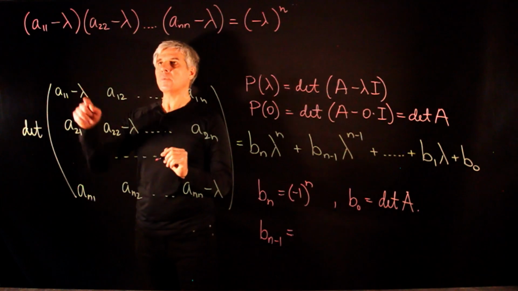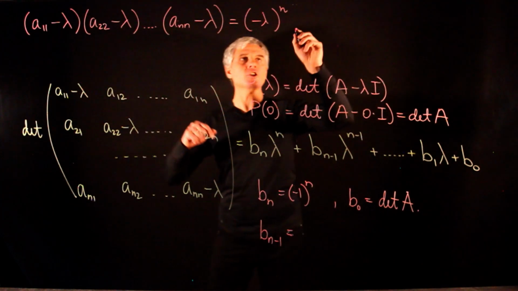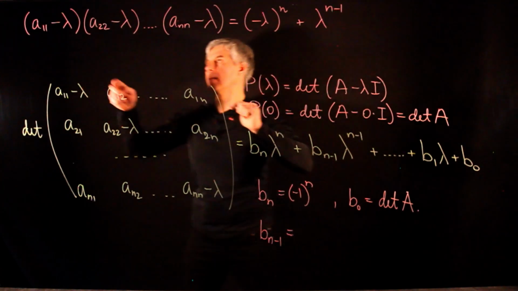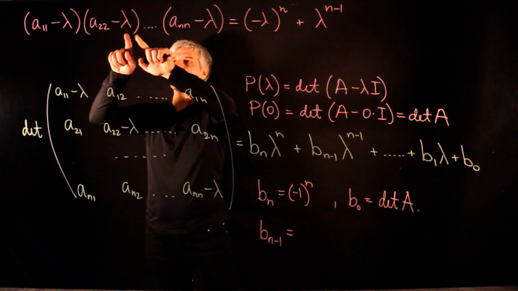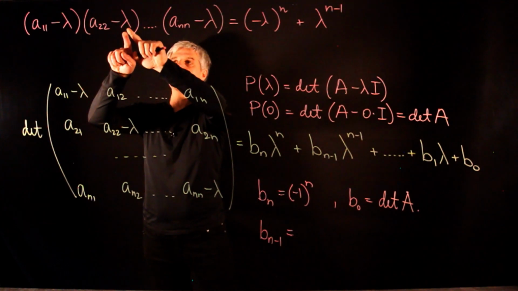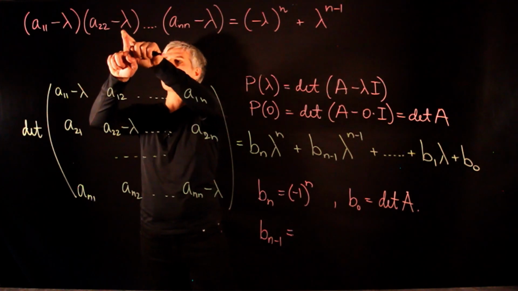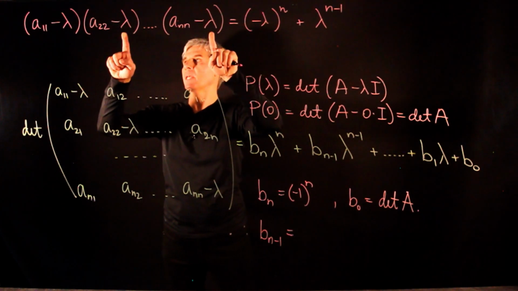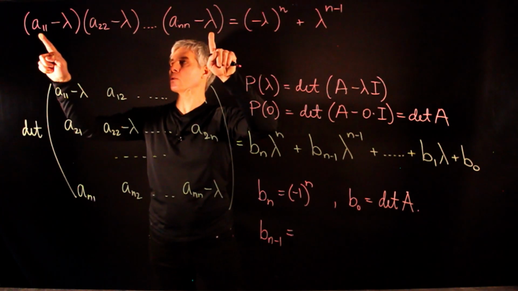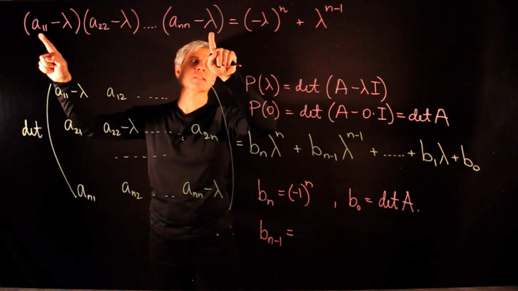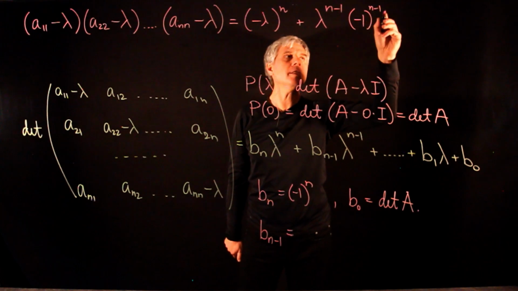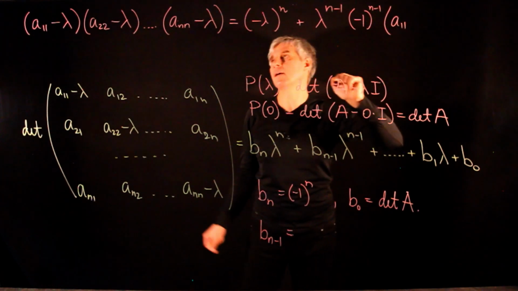Now, what will be the coefficient at lambda to the n minus 1? One possibility is we can take factors minus lambda from the second, third, and the nth factor, and we take the constant term a11 from the first factor. This will give us minus 1 to the n minus 1 times a11.